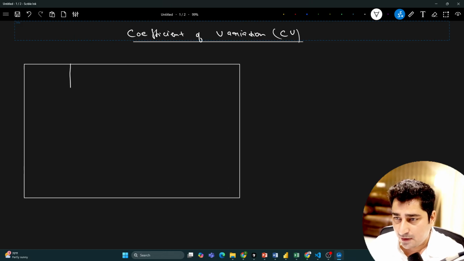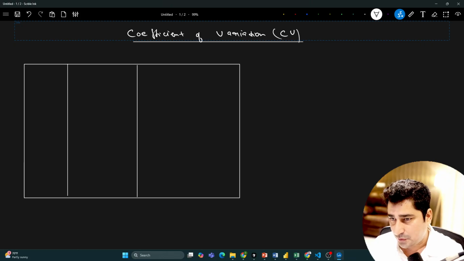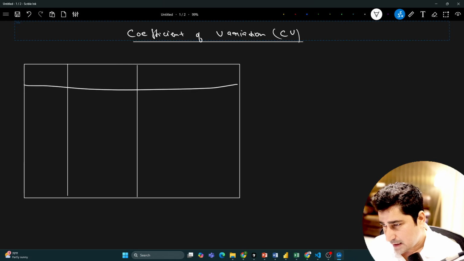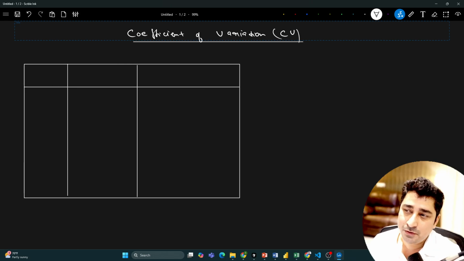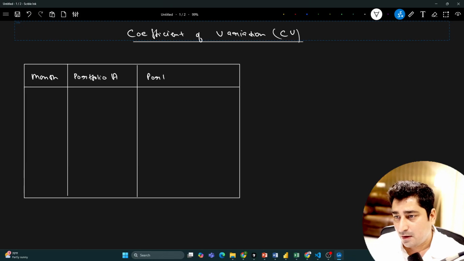So we have a month given inside the data, and we have two portfolios. Let's suppose you are trying to do an investment in two different portfolios. So here we have a month, and let's suppose we have portfolio A, and then we have portfolio B. We all do some sort of investment in the stock market and in different assets.